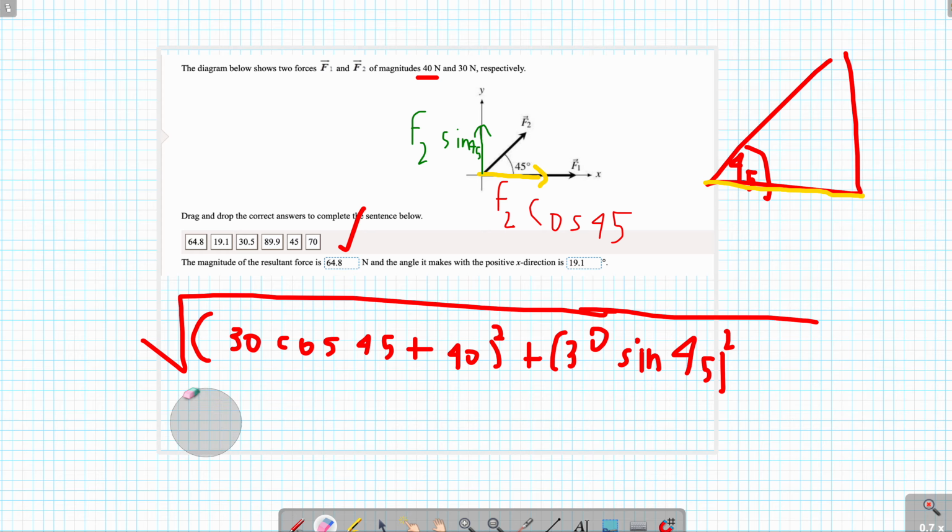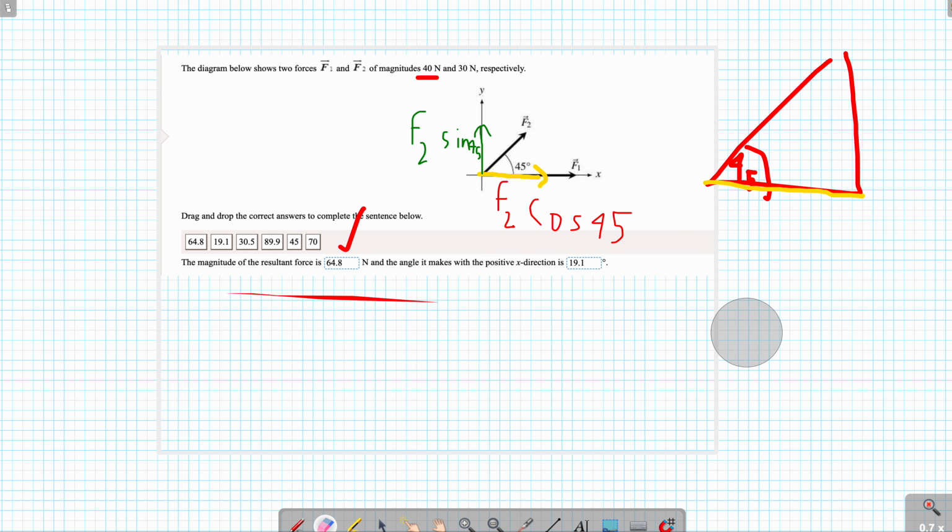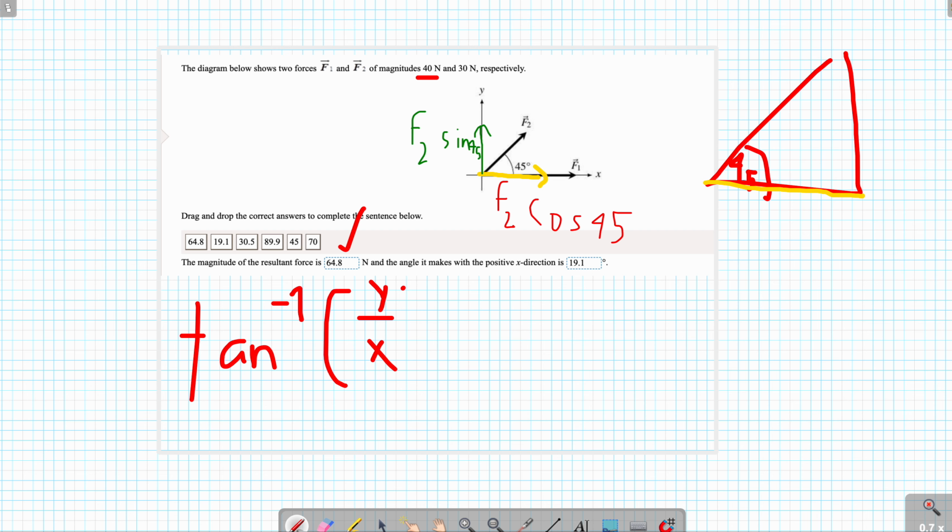And now they want the angle, which makes it positive. Also, remember from vectors, we would do tan inverse y over x for direction, right? Which is what we're doing here. So instead of y over x, we're going to use the components.